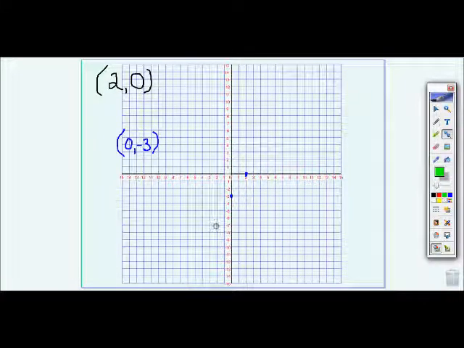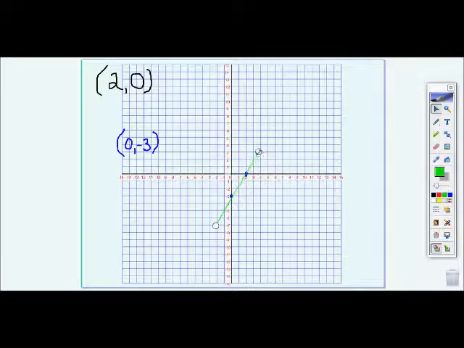I'm going to see if I can hit these. Oh, I'm doing pretty good for first try. Missed just a little bit. So when I draw my line, this is representing my linear equation.